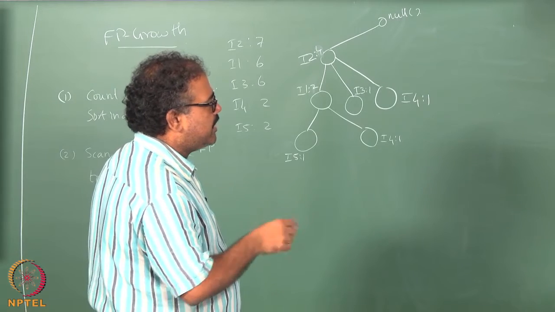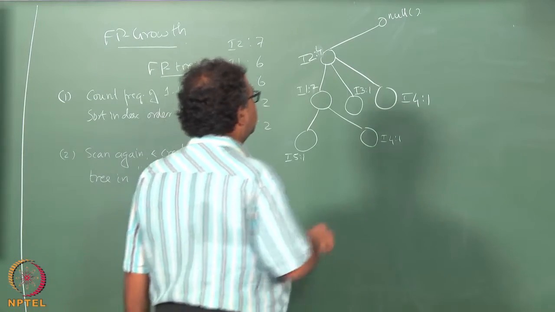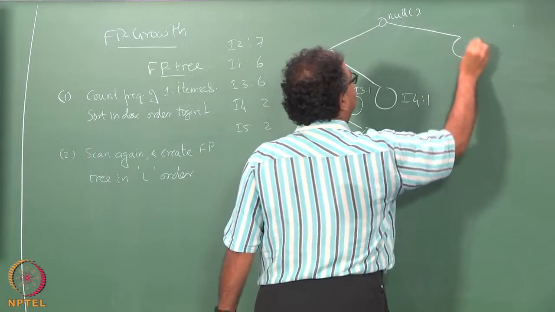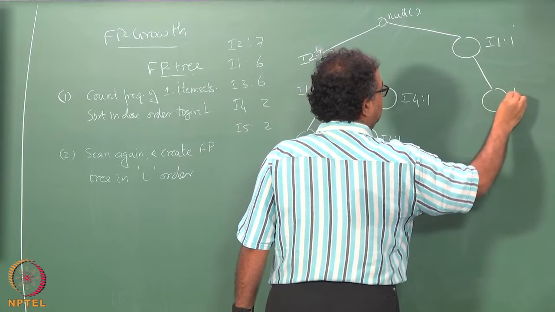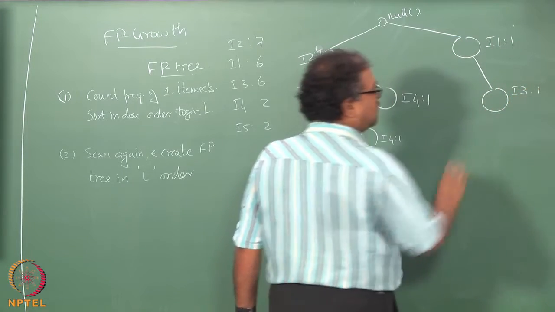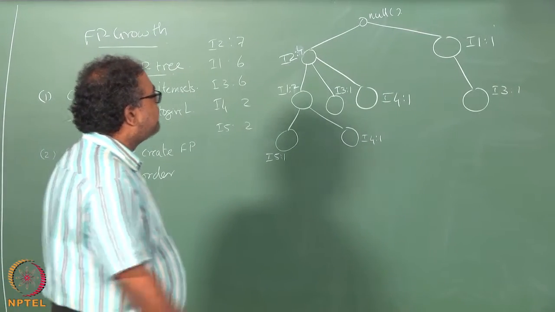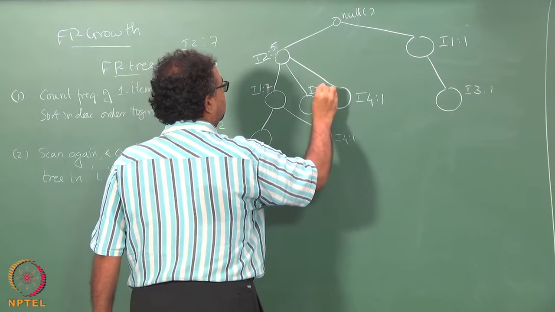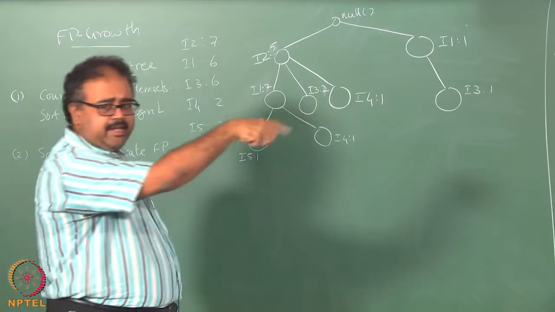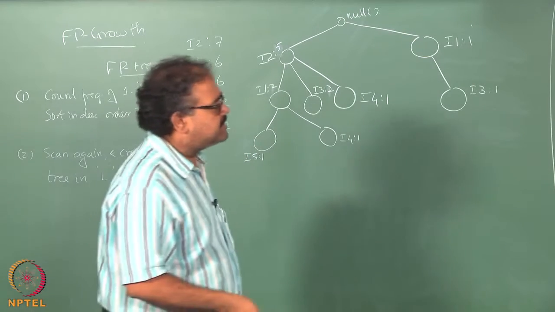Next one is I1, I3, the first time. So what do I do? And then what do I get? I2, I3. So you can see that I can redo the ordering whenever I read the transaction. I did not have to do it in the first pass.